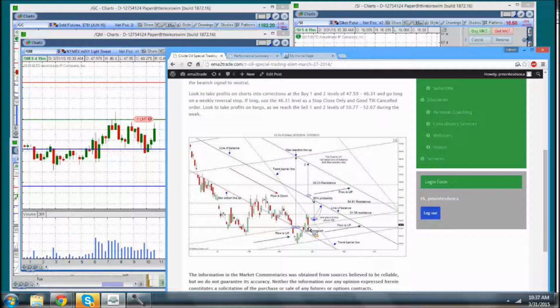basically we can see the flow of the market being down, obviously, from these high levels here, along with a line of balance coming down into the market closing above this level of support, which is in the 48.22 level of support.